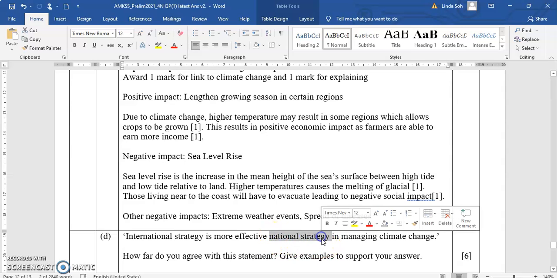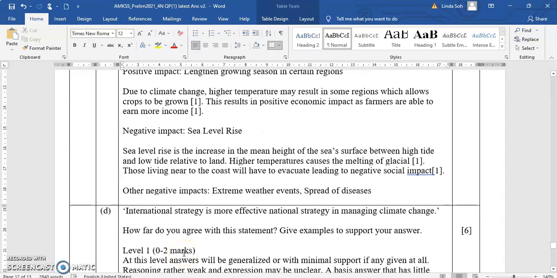For your national strategy, you can choose the plant a tree program, the Singapore Green Plan, or the Green Mark Scheme. Take note that the Green Mark Scheme is about green buildings, while the Green Plan is about using natural gas. Some of you may be confused about these 2 strategies, so go and recap if you are still not very sure.